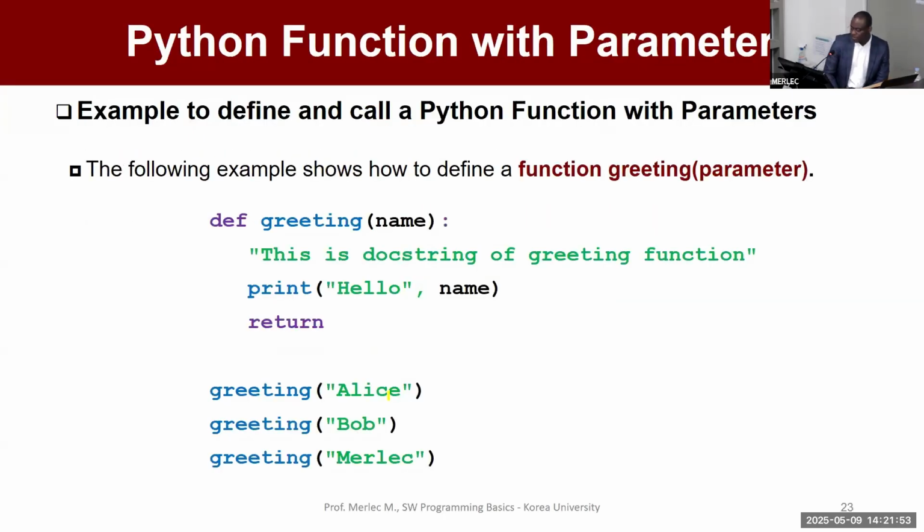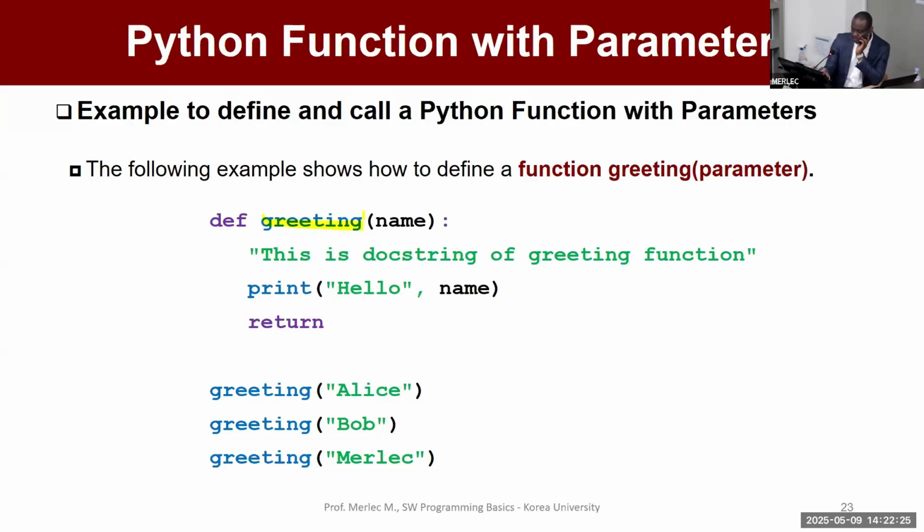So let's see that with an example. In the previous example, we defined the greeting function. Within the greeting function now, let's pass a parameter. Instead of just fixing the program to show hello world, let's make it dynamic. Whatever value we pass, it can say hello, followed by the name.